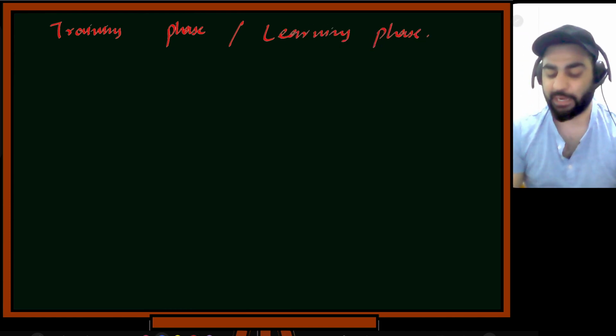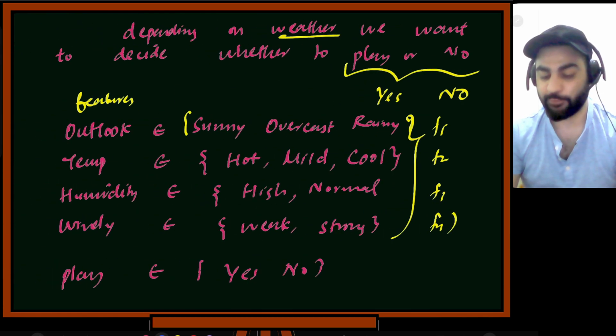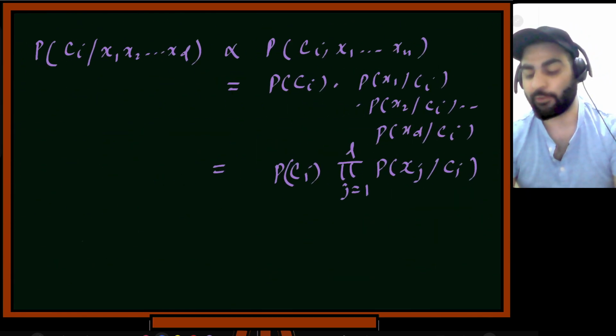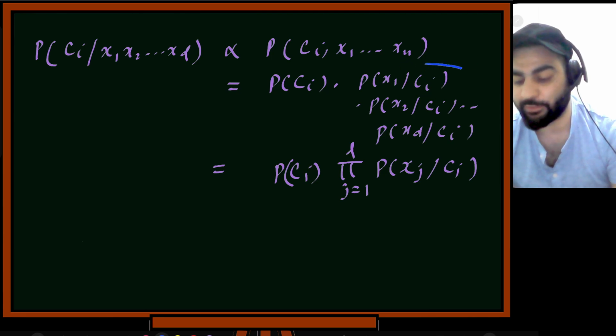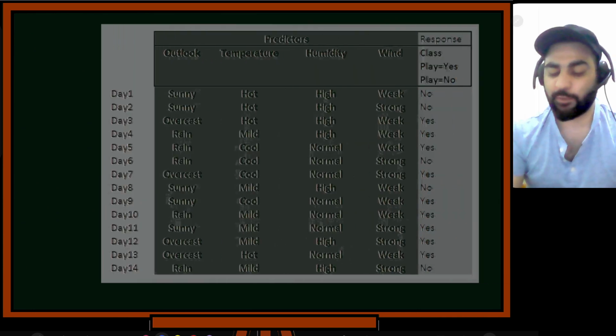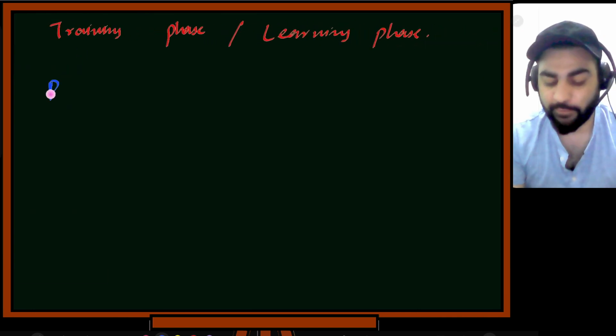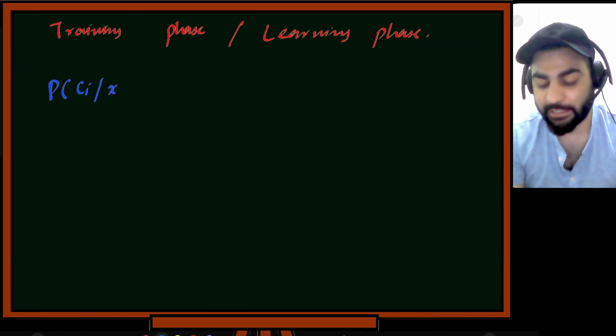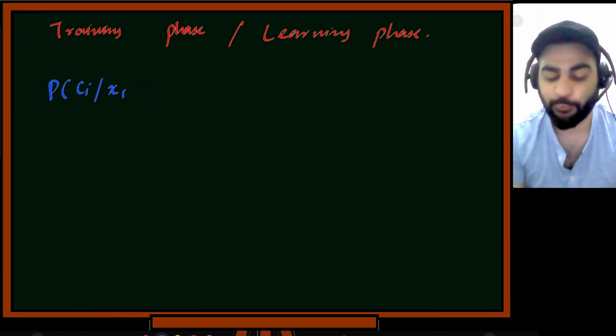So if you see in our probability, we'll have to compute these things for all the features and class Ci. We have to compute the probability of class Ci given the data. The data is x1, x2, x3, and x4, since we have 4 features.